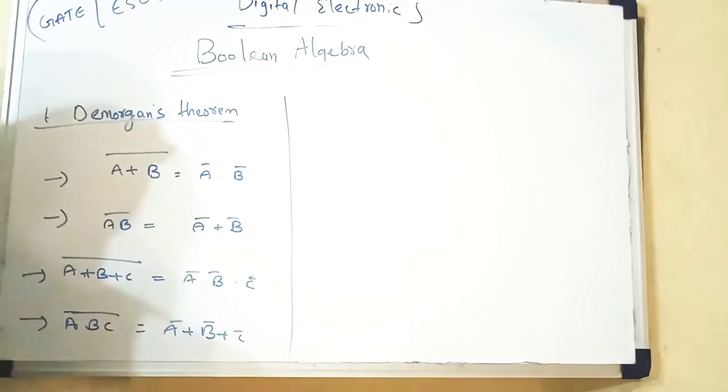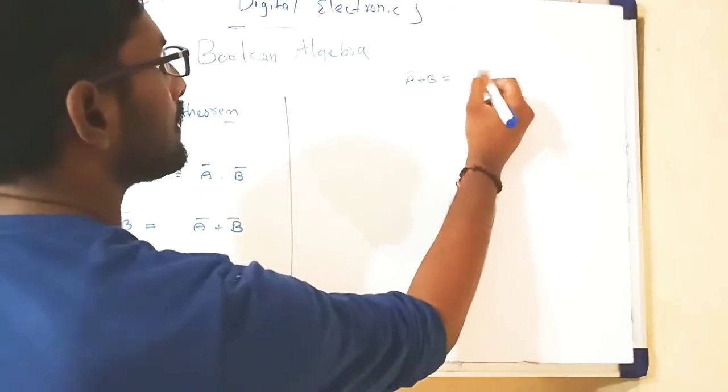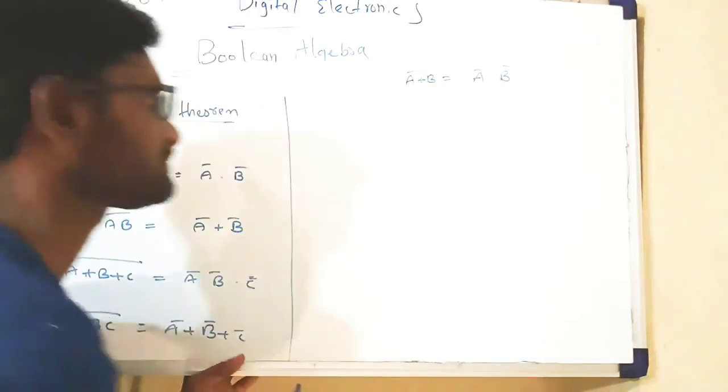For multiple variables, A plus B plus C whole bar can also be written as A bar into B bar into C bar. Similarly, for 3 bits, ABC whole bar can be written as A bar plus B bar plus C bar. Now we will prove how we are getting A plus B whole bar equal to A bar B bar.